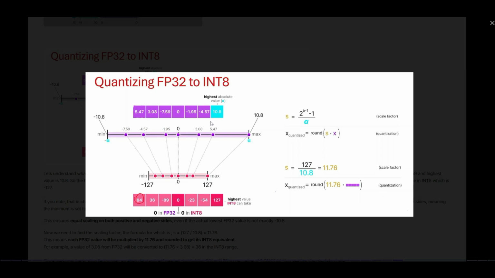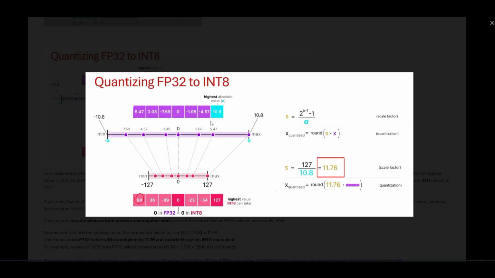Now we need to find the scaling factor, for which the formula is shown on the screen. It reads as 127 divided by the highest absolute value, alpha, which is 10.8. So the value of S, which stands for the scaling factor, is 127 divided by 10.8, which comes out to be 11.76.